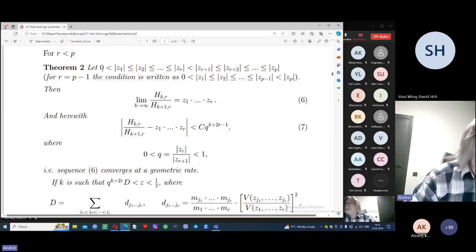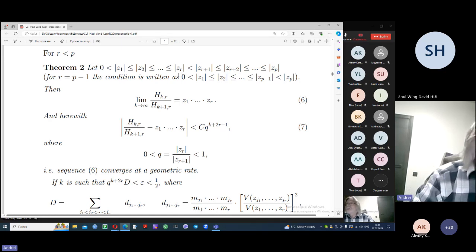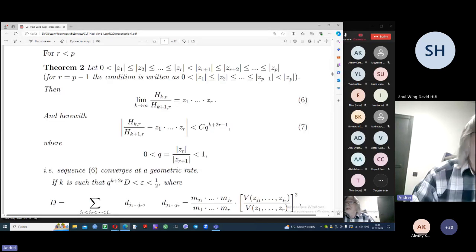Once we order the roots according to their moduli, in increasing order, and once we have a situation when two roots are different in modulus, that is, the modulus of root r is less than that of root r plus 1, then the limit of the corresponding ratio is equal to the product of these roots.